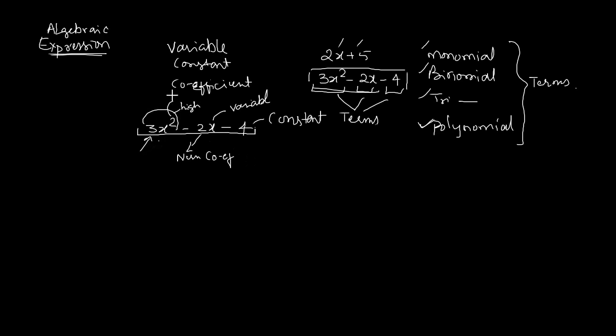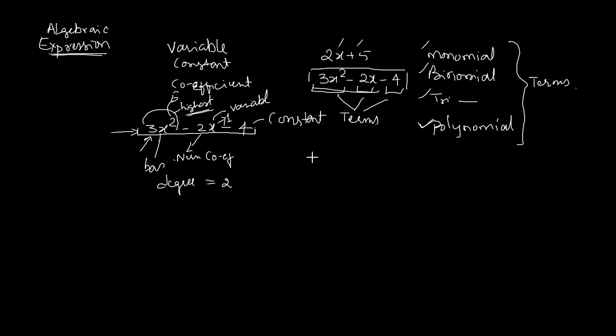That is my exponent, this is the base. If I look at this, there is nothing written, that is x to the power 1. So the degree of this polynomial is 2, because the highest degree of one of the terms is 2.